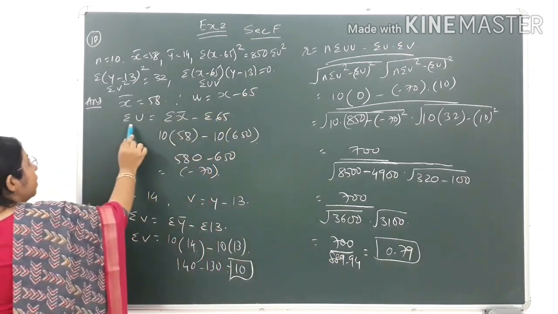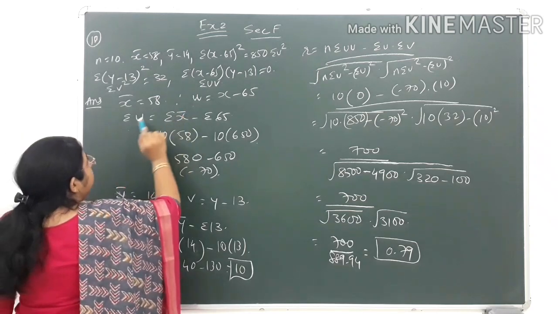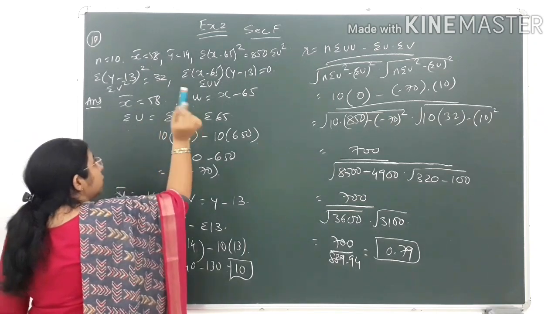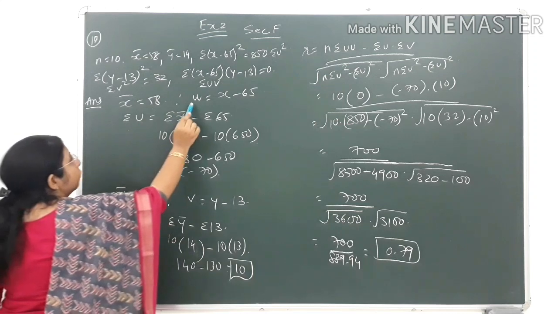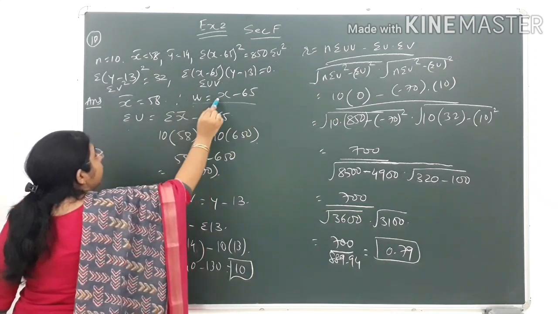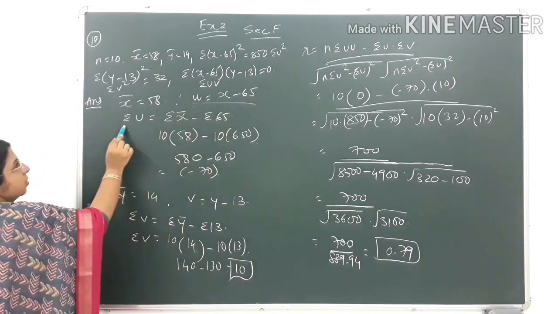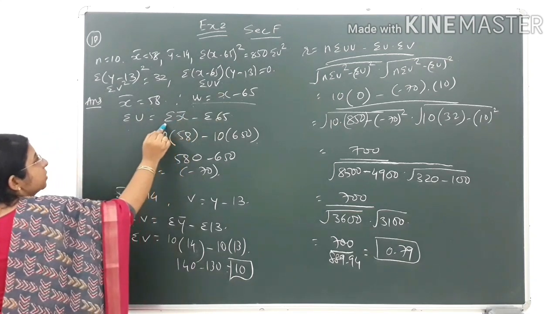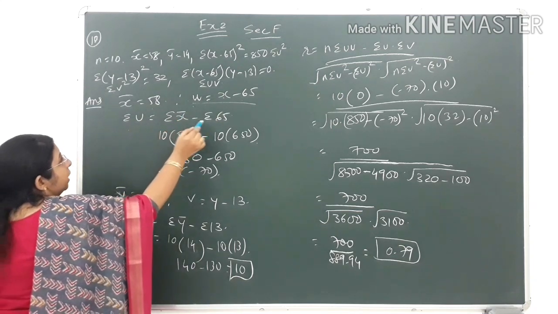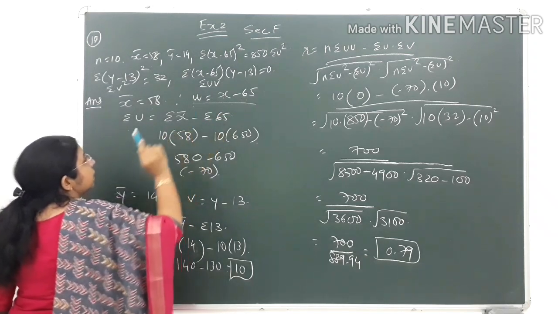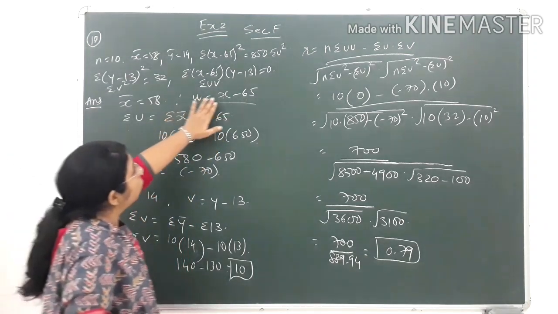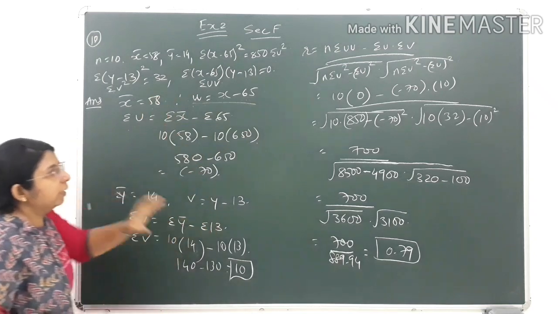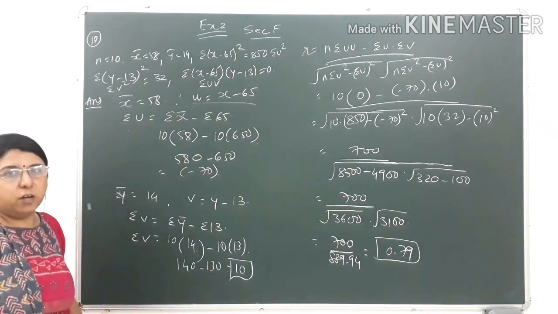Now, finding sigma U. Here we have to find not U, we have to find sigma U. So every value of this equation will have sigma in front of it. So sigma U is equal to, in place of X, we will write sigma X bar minus sigma 65, because this data is related to only one value. We have to find the total of 10 observations.